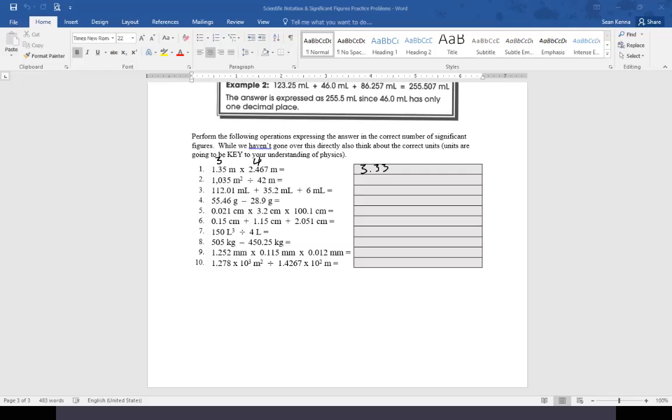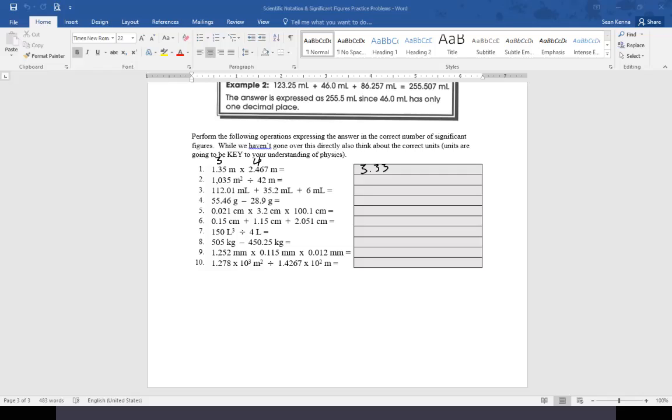Now, this is where I'm really going to start harping on you guys in terms of your units. We have done dimensional analysis, and hopefully you recognize that when doing this, none of the units are going to cancel. And since it's multiplication, not addition, we don't stay with the same unit. And so in this particular example, we're going to end up with a new unit.